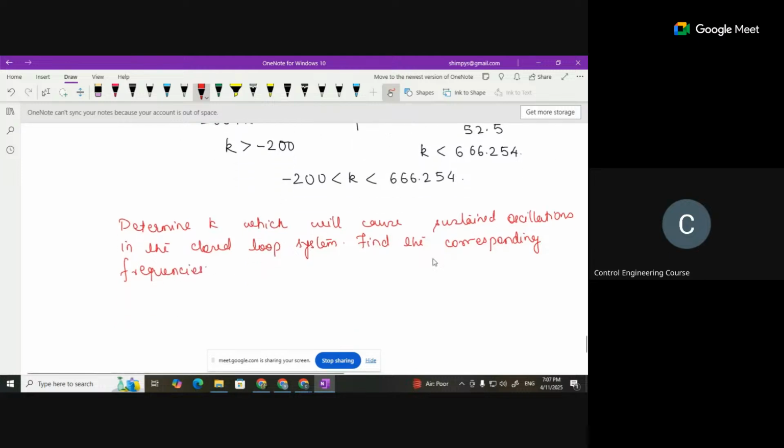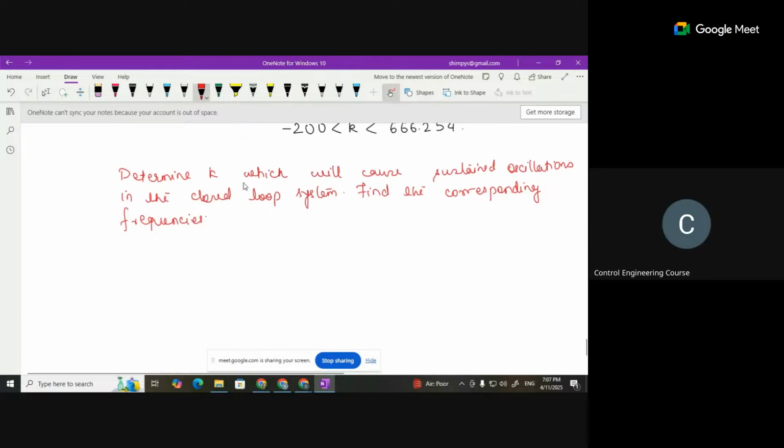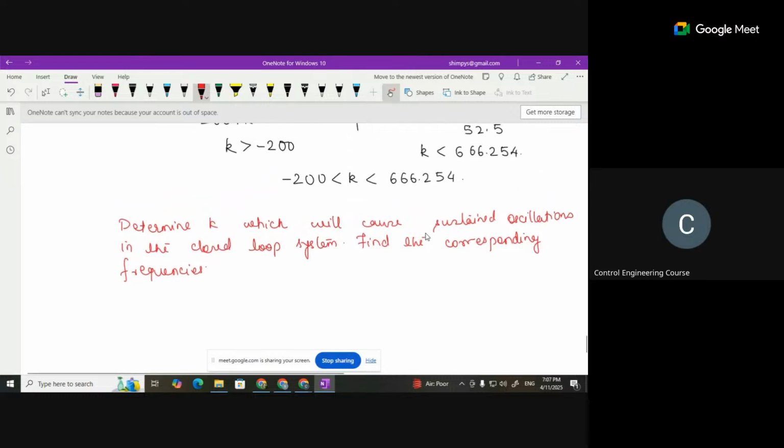If I would have given you this earlier, you could have made out that this has to be solved by using Routh-Hurwitz, right? So you know that for sustained oscillations, we have to look at the values of k.